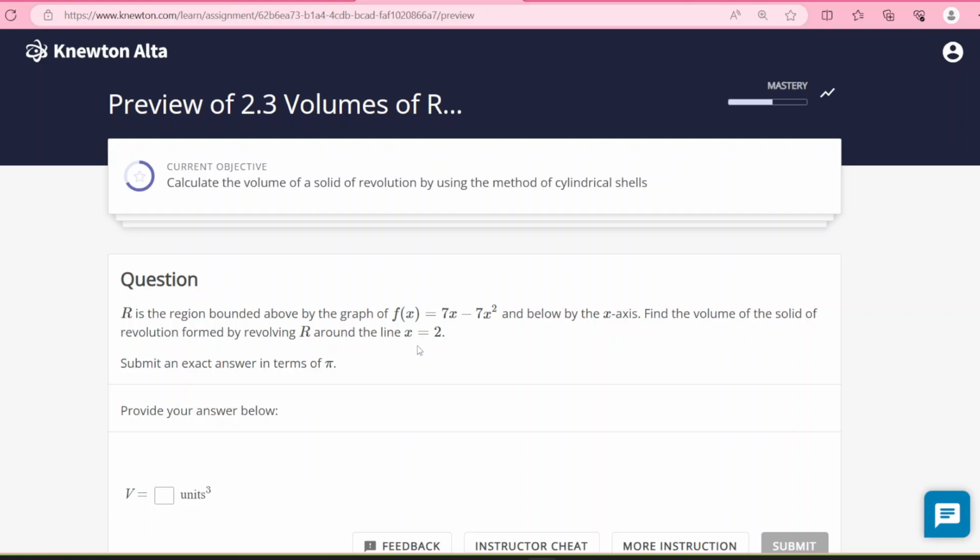We're rotating around a different vertical line, x equals 2. You saw this in earlier examples in this video if you've been watching. When it's not the x-axis or the y-axis, it's just going to change the radius a little bit.